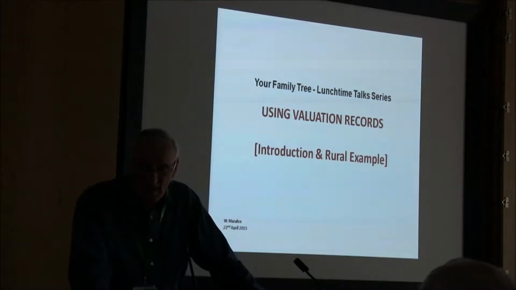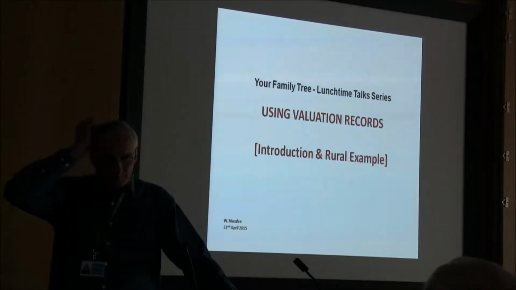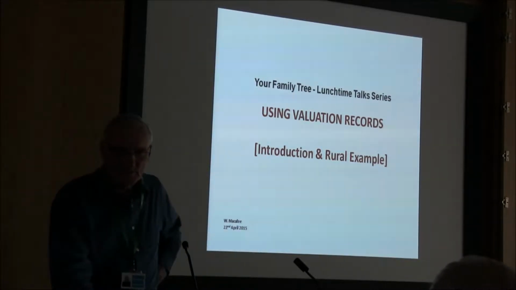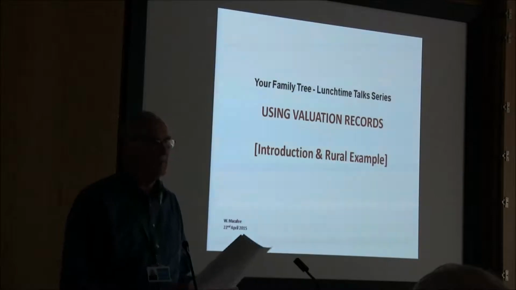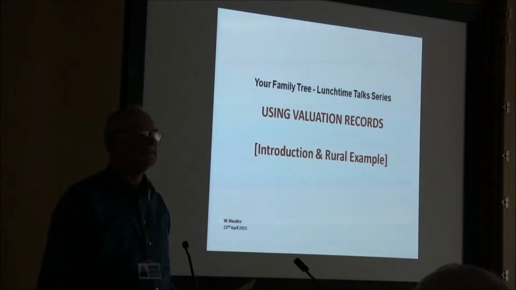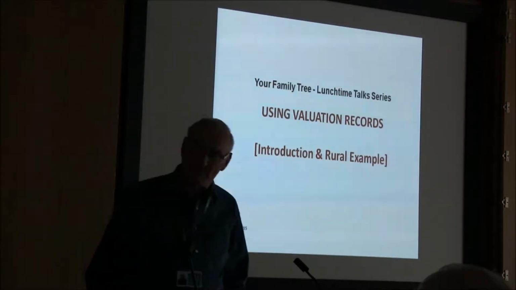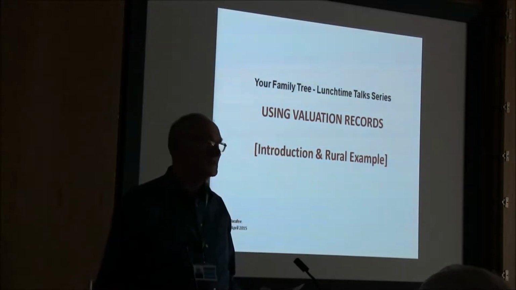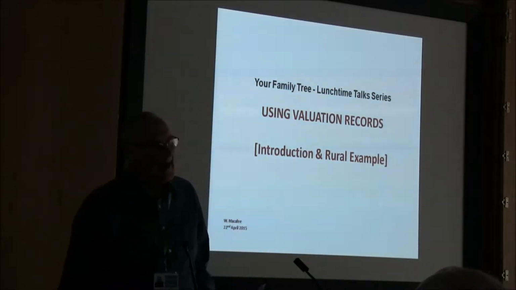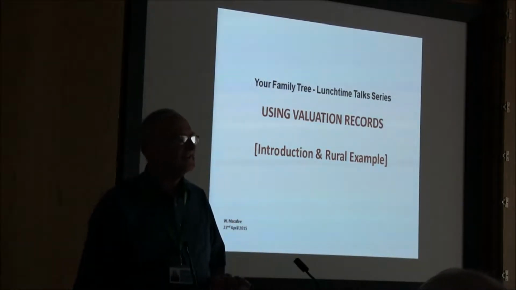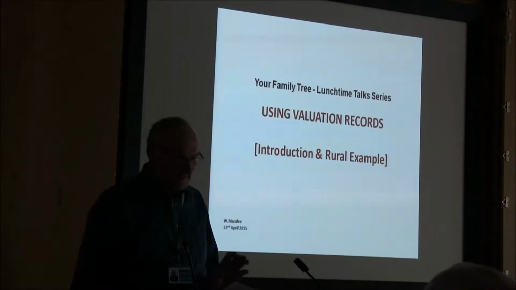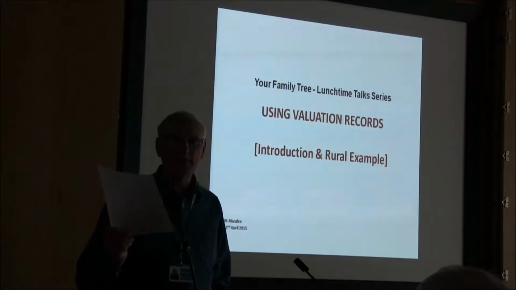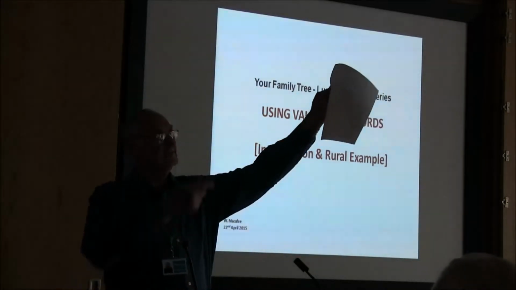I have a couple of PowerPoints here, which I'm going to use, and you have a handout, two pages, two back pages. One is the rural example, and one is the urban example, and no prizes for figuring which one's which. I've put a few things there that will be the key things that I would want to be talking about today, namely the Griffiths printed valuation, which is this one.